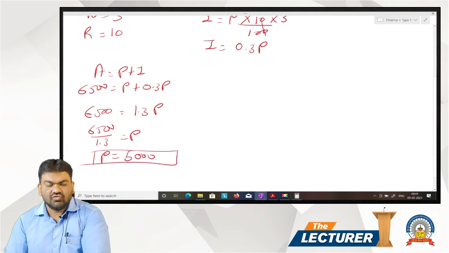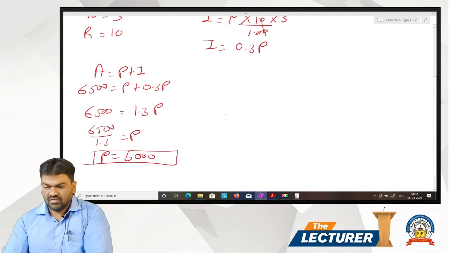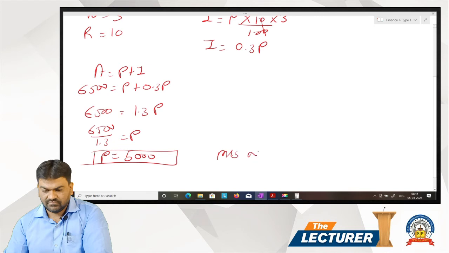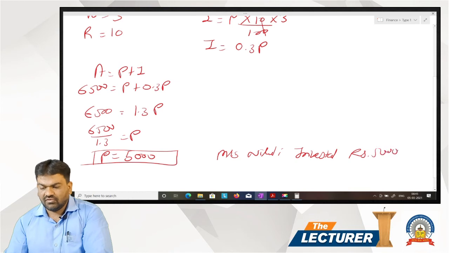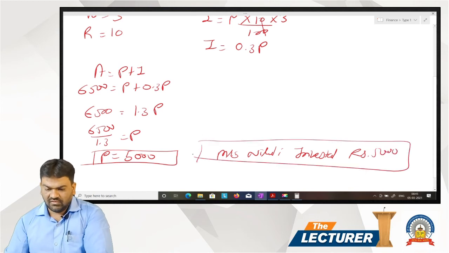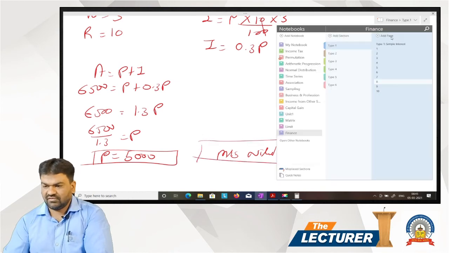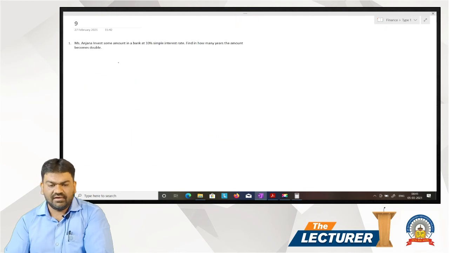P is equal to 5,000. So Miss Nirali invested rupees 5,000. This is your answer.